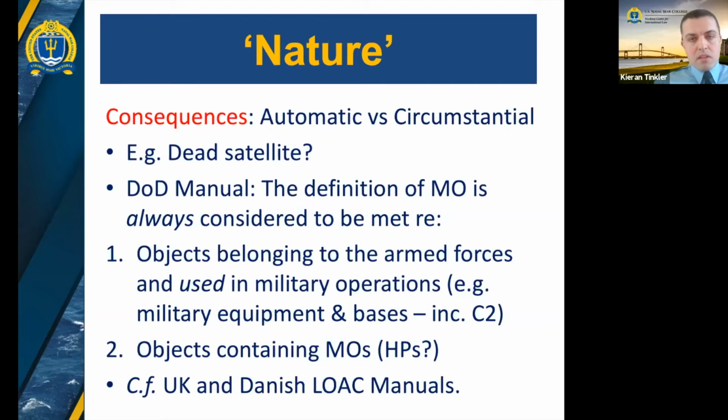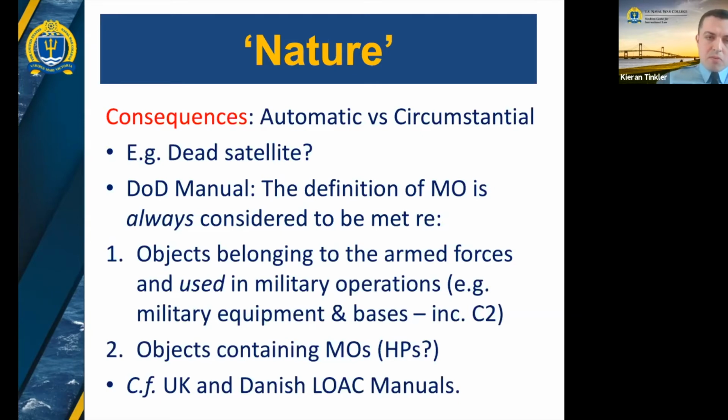So the position taken in the DoD Law of War Manual is that certain objects will all be considered to be military objectives. And these are the two categories of objects that are always considered to be military objectives: objects belonging to the armed forces and used in military operations, and then objects containing military objectives.